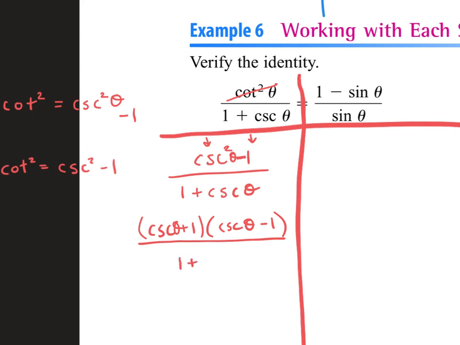And then we have a 1 plus cosecant theta on the bottom. Well, we can see we have the same thing on the top and on the bottom. Cosecant plus 1 is the same exact thing as 1 plus cosecant. So these are the same. And since it's being multiplied here, we can cancel this out.